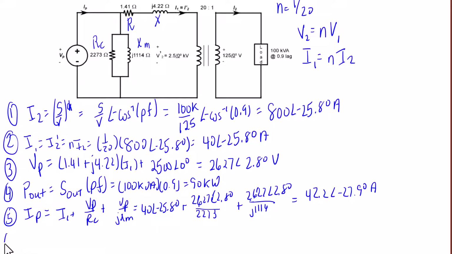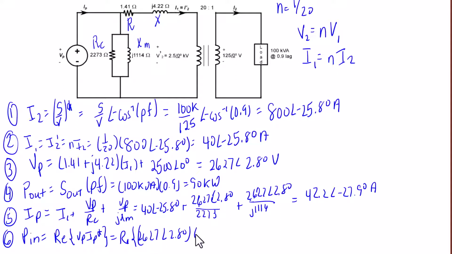So one way that we can find Pin is that it's the real part of VP times IP conjugate, or the real part of 2627 with an angle of 2.8 degrees times 42.2 with an angle of 27.9 degrees.